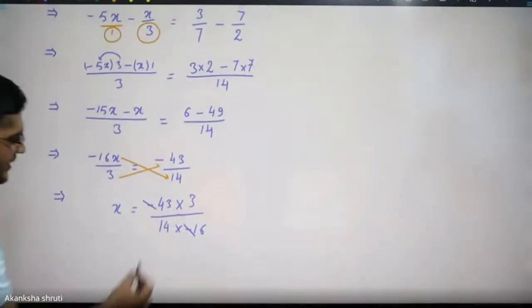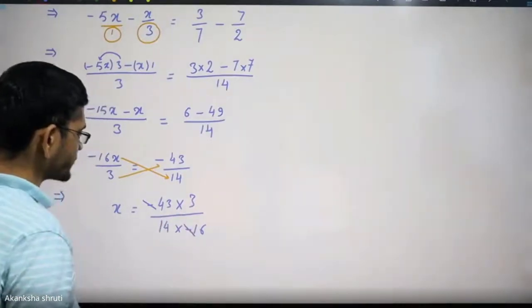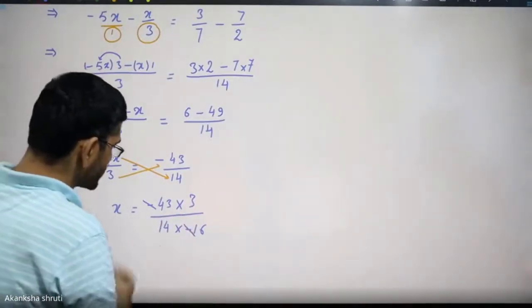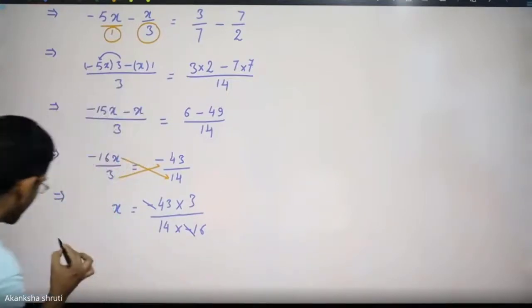That is one thing. Is there anything common in numerator and denominator? Try to cancel it. Nothing appears common to me, so it will simply get multiplied.